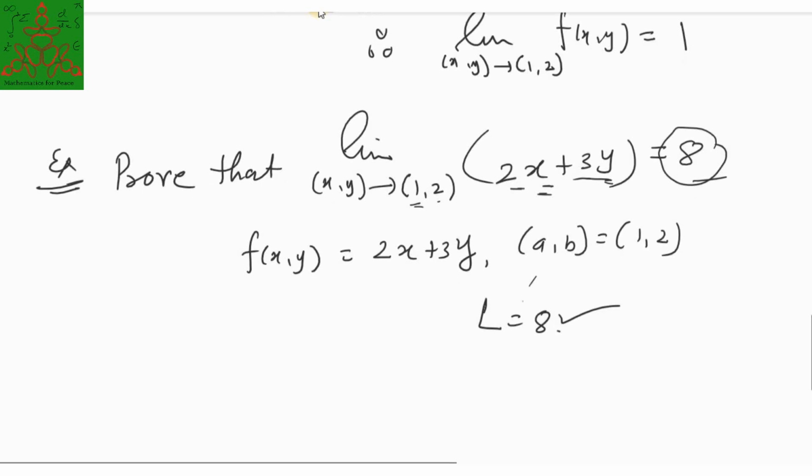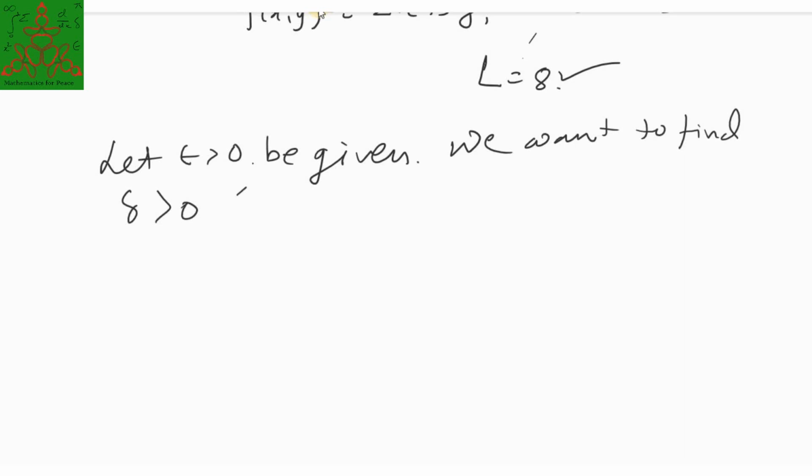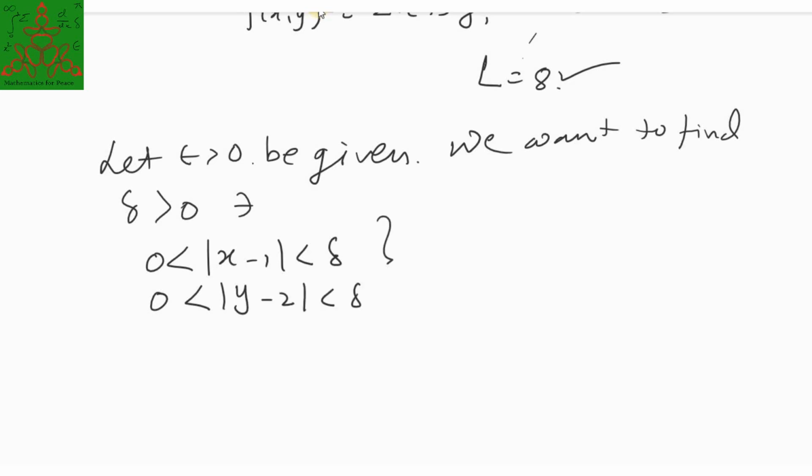Now let epsilon be given. We want to find delta greater than 0 such that 0 less than mod of x minus 1 less than delta and 0 less than mod of y minus 2 less than delta imply mod of f(x, y) minus L less than epsilon. But what is this f(x, y)?